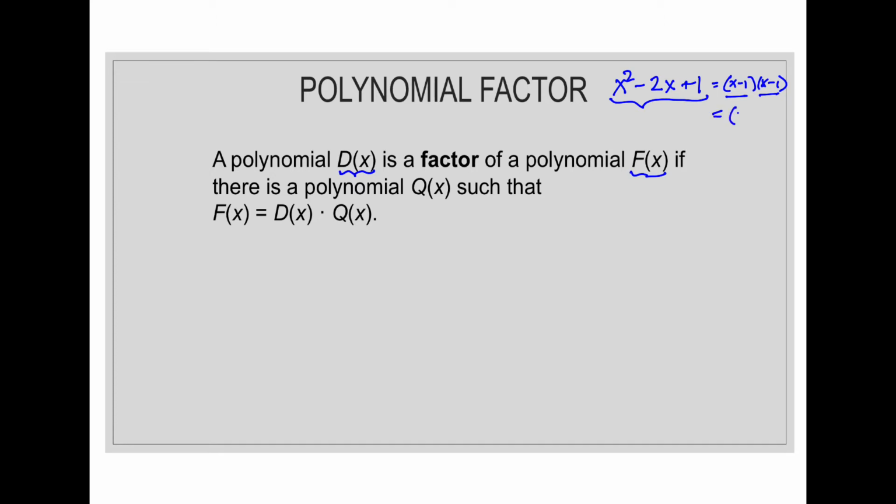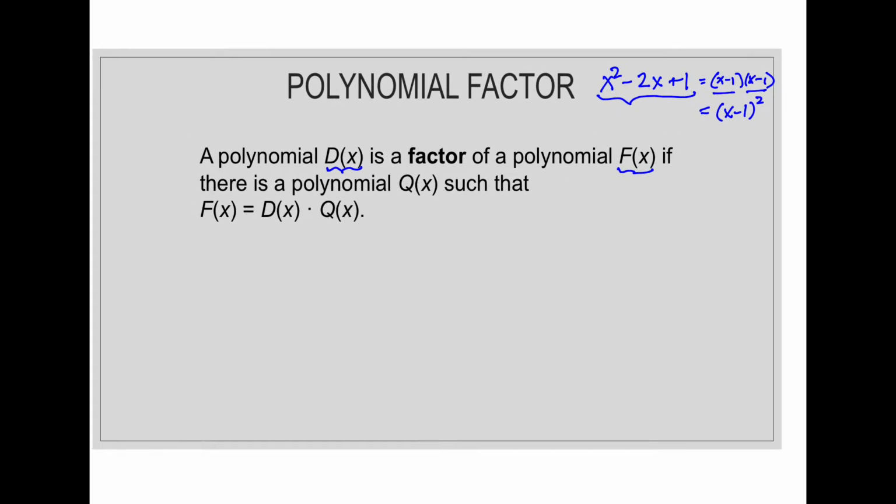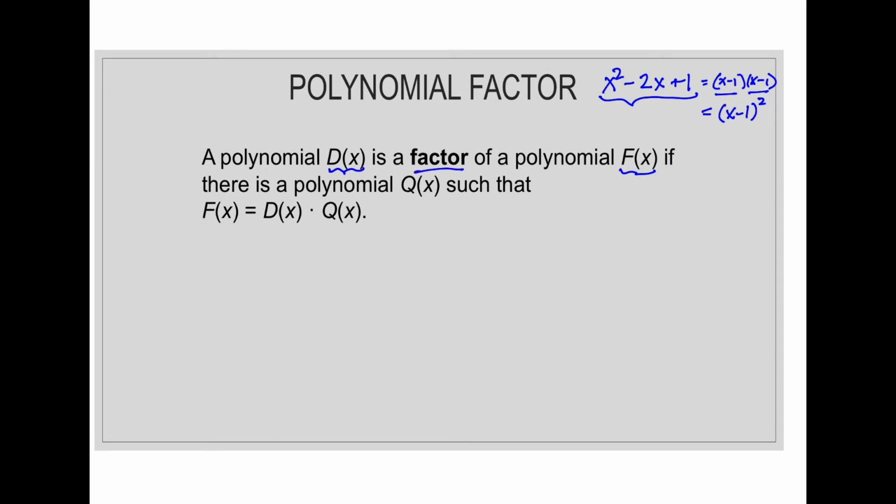We would write that as x minus 1 squared, meaning it is a second multiple of the larger polynomial that we have there. So when we talk about this d of x, it's representing the smaller polynomial, which multiplies with something else, making it a factor, to give us the larger polynomial f of x.